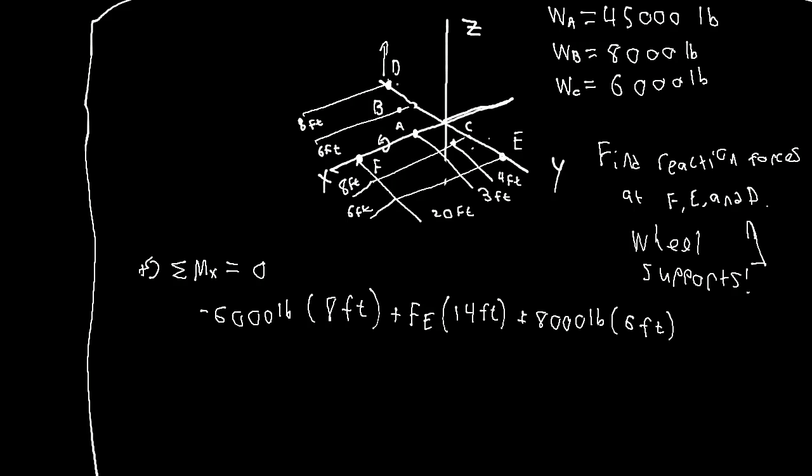And then we have this force D. Since that's going up on this side, that's going to be a clockwise moment. So, minus F_D at 14 feet. And this whole equation is equal to 0.